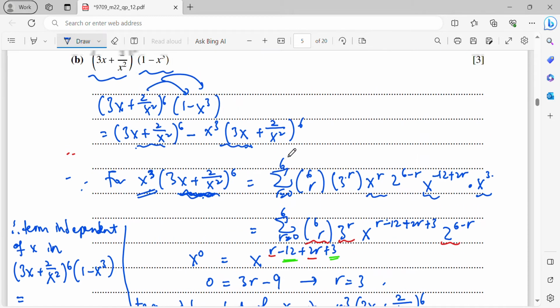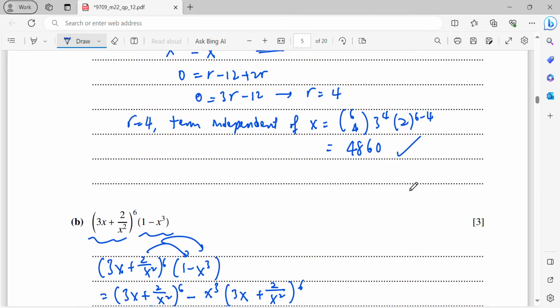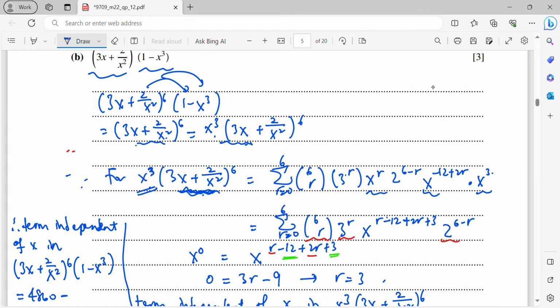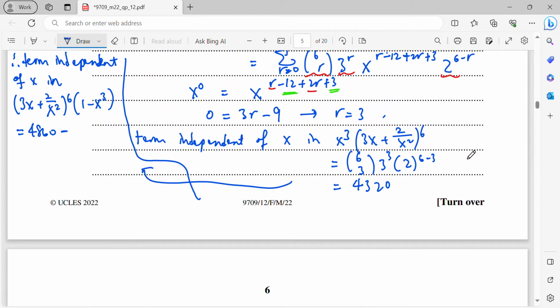So the previous answer is basically 4860. Then minus, because I have split it into two terms and it is minus, 4320. So here you will be getting 540. Alright, so that's the solution of this question.